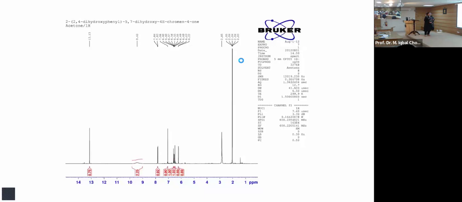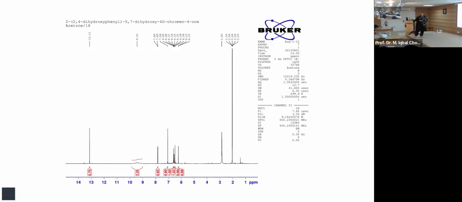And then which nucleus? F1 channel. In our spectrometers we usually have a minimum of 2 or 3 channels. I would say at least 3 channels are there: one is the deuterium channel, one is proton, and one is carbon. The deuterium channel must be there because we are using deuterated solvent for the lock. Then the proton channel and the C13 channel.